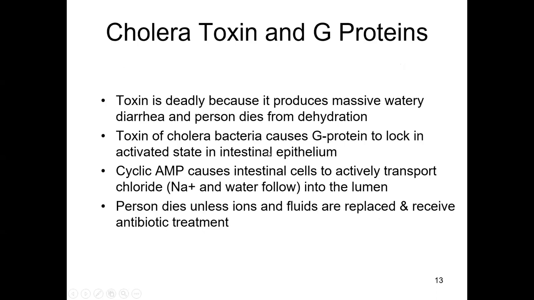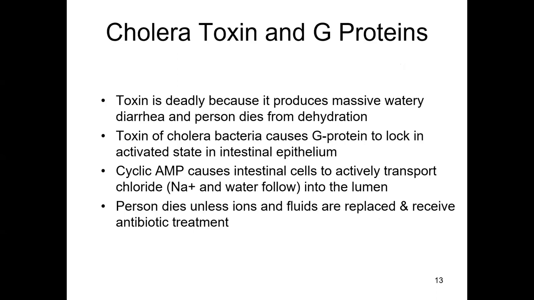So when you look at these cells having all these chemical changes inside as a consequence of protein activity, it's important to keep in mind that all those changes are automatic. They are programmed into the cell. And just to illustrate how mindless these cells are in our body, here's the example of cholera toxin and G proteins.